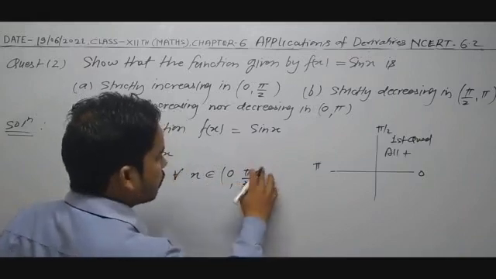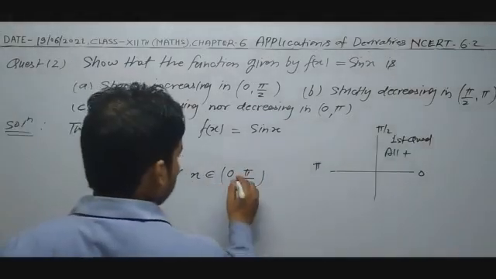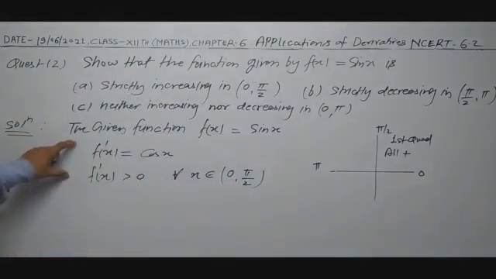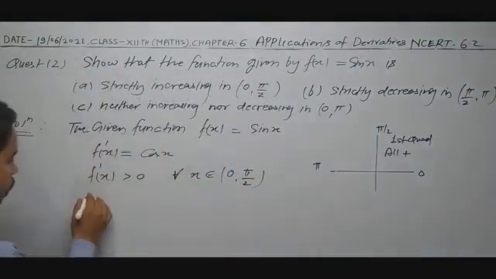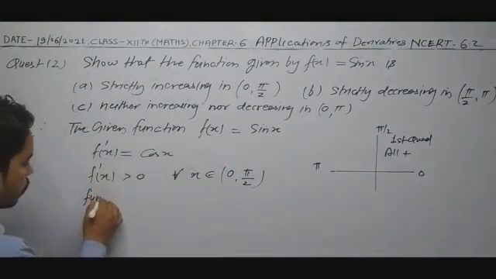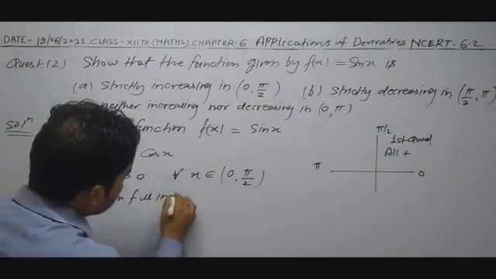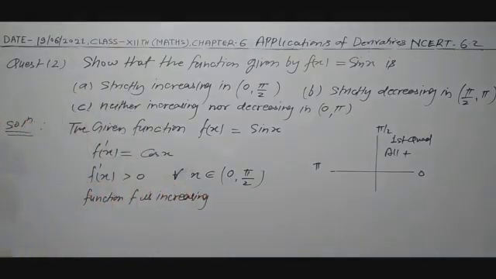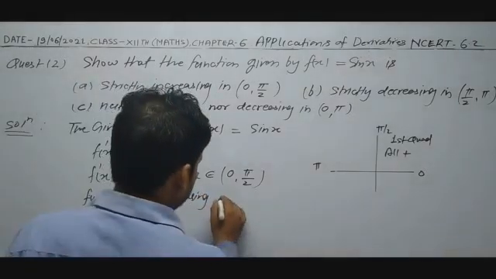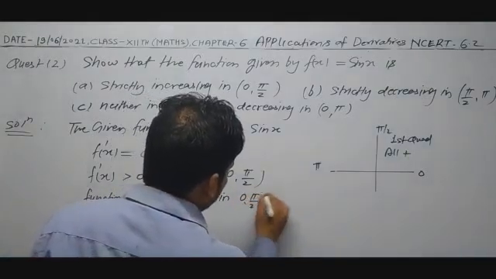So function f is increasing in 0 to pi by 2.